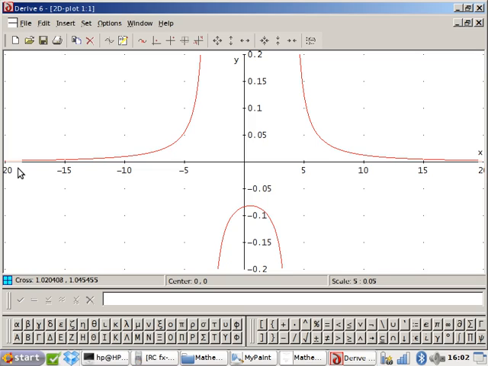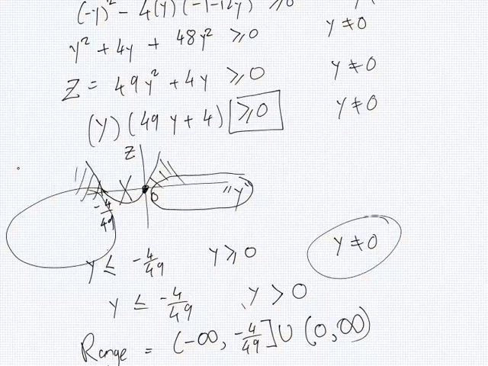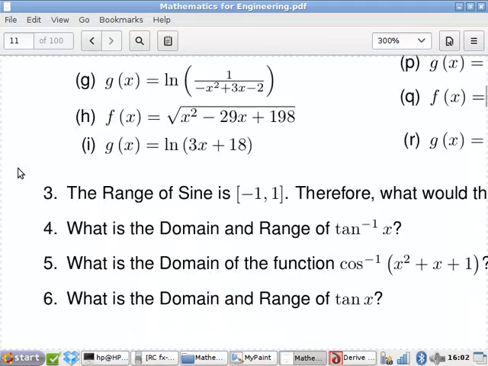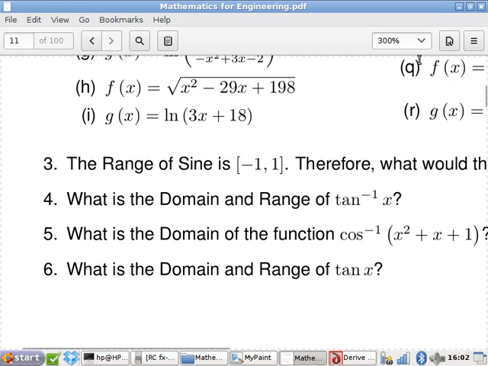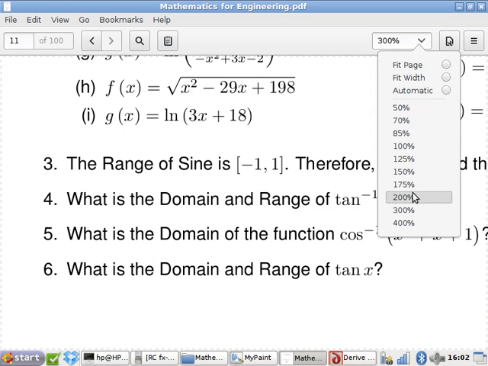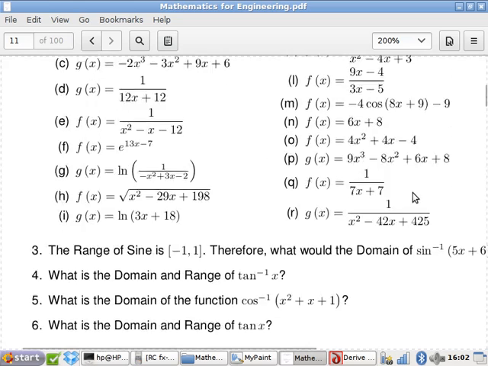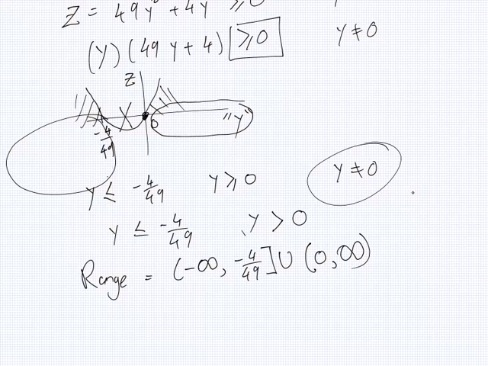Very, very sad. Okay, so for this lesson now, we're practicing domain and range. The example I just did here, this would be the hardest it could be on the exam.